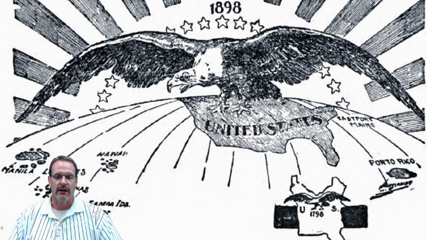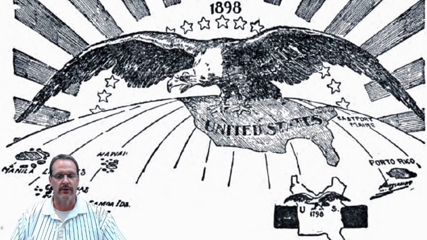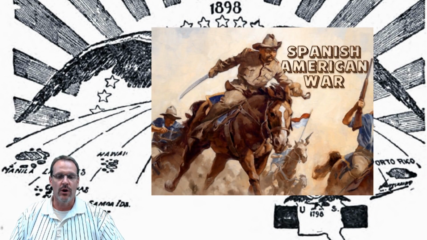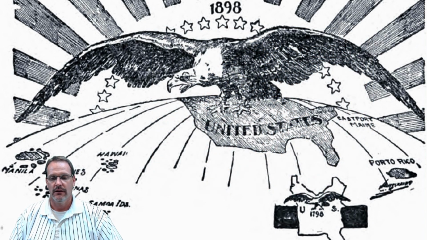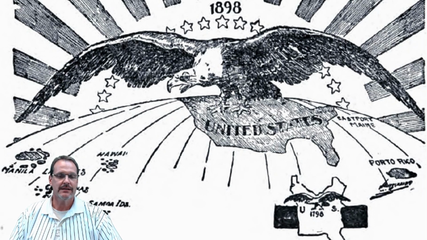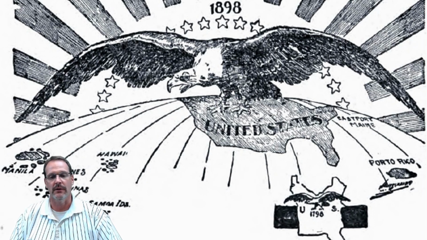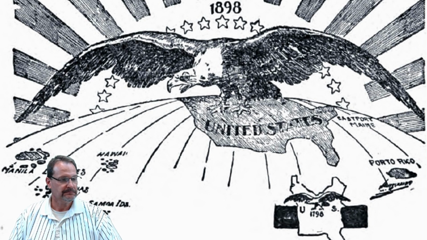We, as a country, laid claim on places like Hawaii. We annexed Hawaii, for example. We went to war with Spain, okay? And so on and so forth, okay? We turned Puerto Rico into a protectorate. Same thing with the Philippines and Guam and places like that. All right, let me move on.